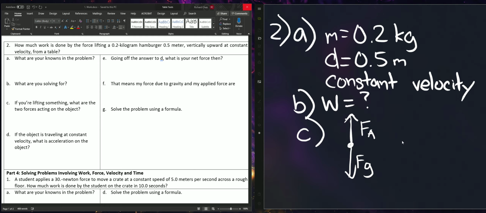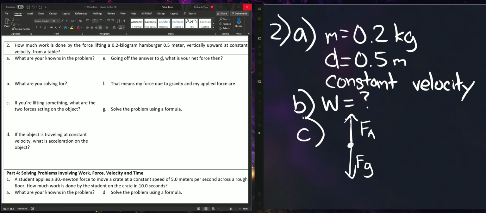It's not resting on a surface either, so there's no normal force from the surface pushing the object up. This hamburger is already on its way to your mouth.